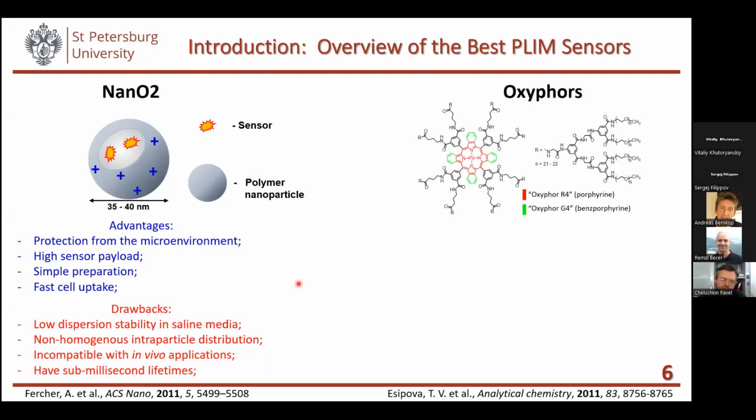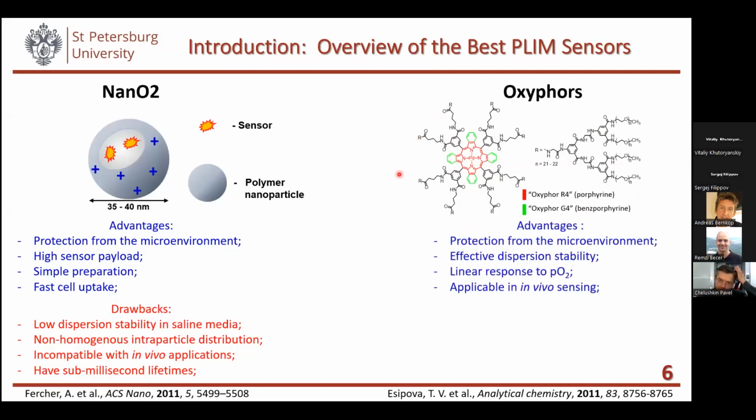Another type of sensors are single-molecule nanoparticles based on dendrimers with palladium porphyrin cores. Here we can see the dendrimer, and these particles are coated by polyethylene glycol as the outer shell.